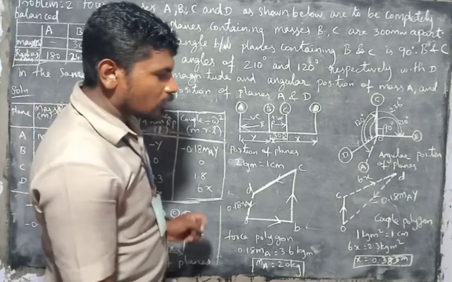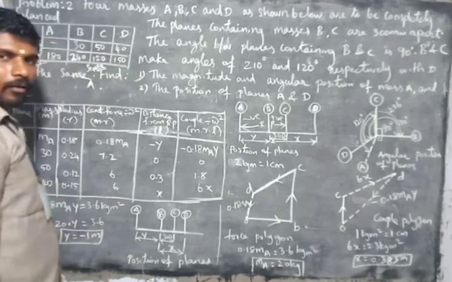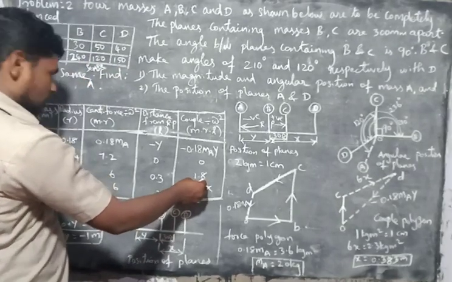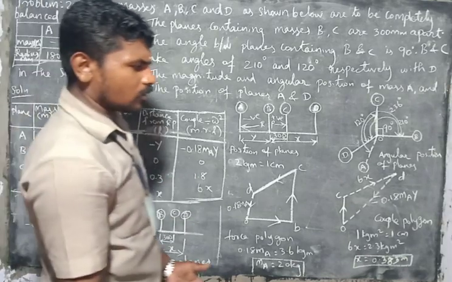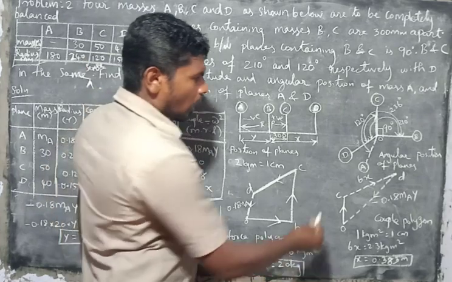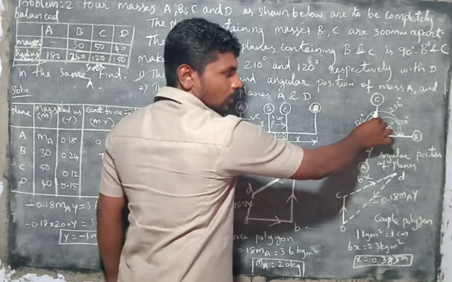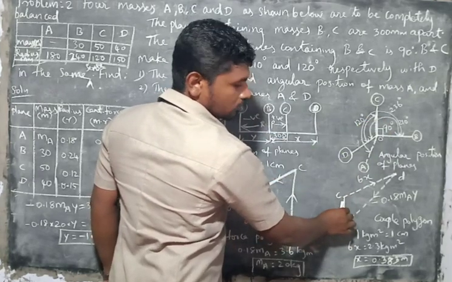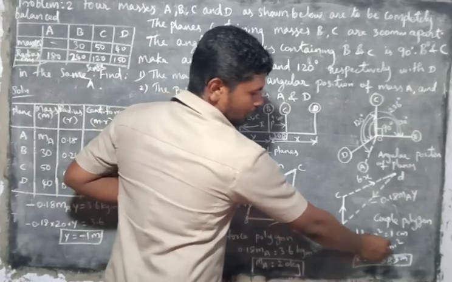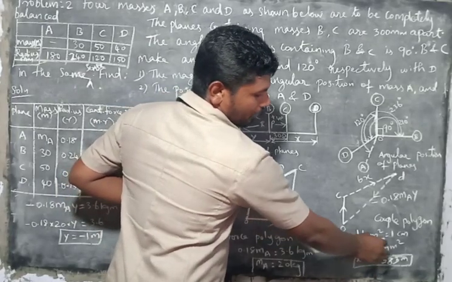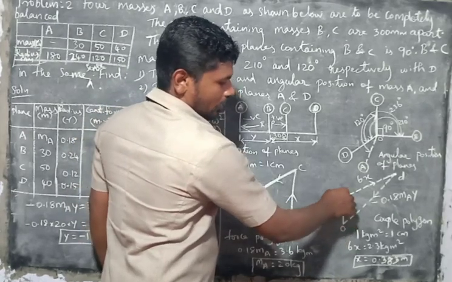I am going to mark the origin, and this is plane C. The value is 1.8 kilogram meter square. Directly it's possible to draw, right? Draw a parallel line to the C plane from the origin. The value is 1.8 centimeter. Here I have taken the scale ratio 1 kilogram meter square equal to 1 centimeter. Parallel to the C plane, mark the value.